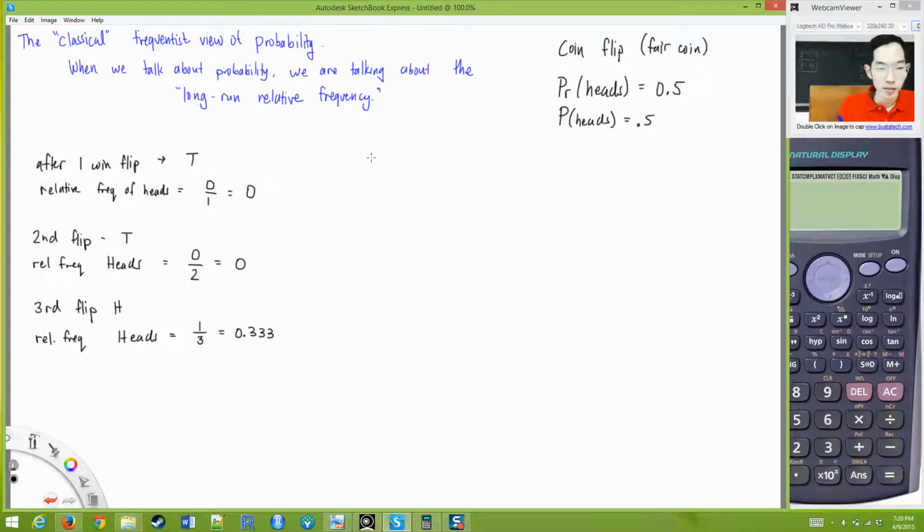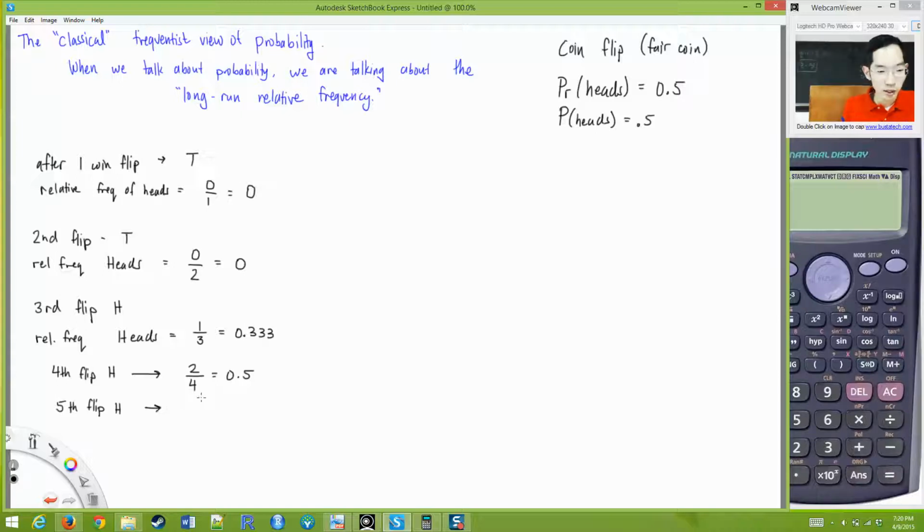And then maybe the fourth flip is heads, and so now I've seen 2 heads out of 4 flips. My relative frequency is 0.5. And let's say the fifth flip is heads again.